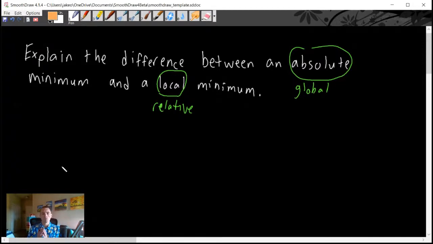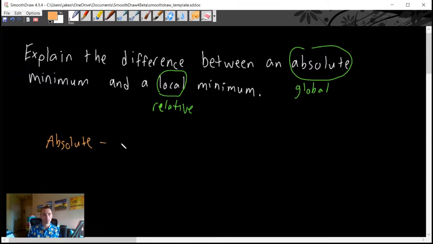They can be summed up pretty simply using words. An absolute minimum or maximum is essentially the absolute highest or lowest number that a function takes on within a certain domain.